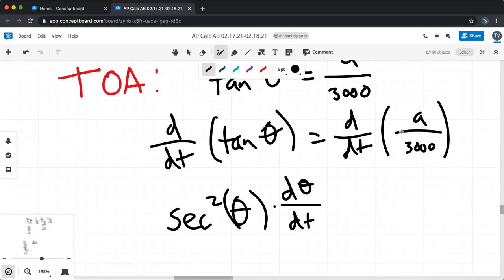Similarly over here, this is just a constant multiple of 1 over 3,000, and then dA/dt, because we want the rate of change of A.